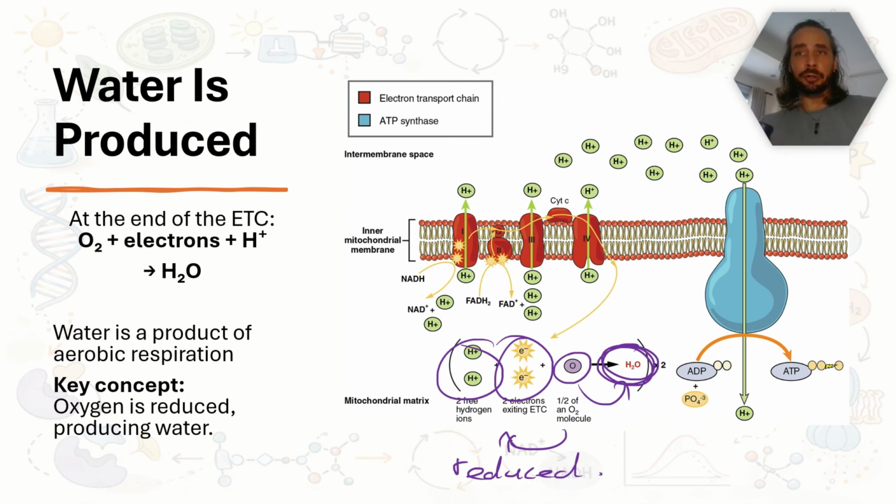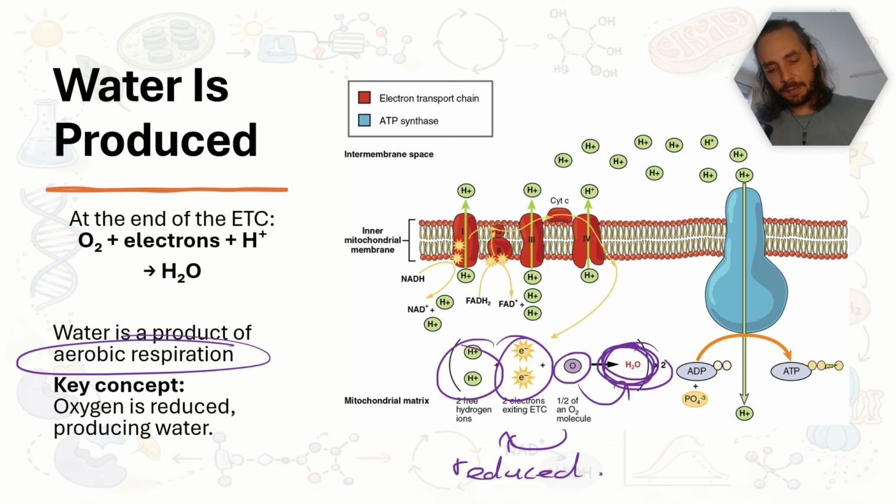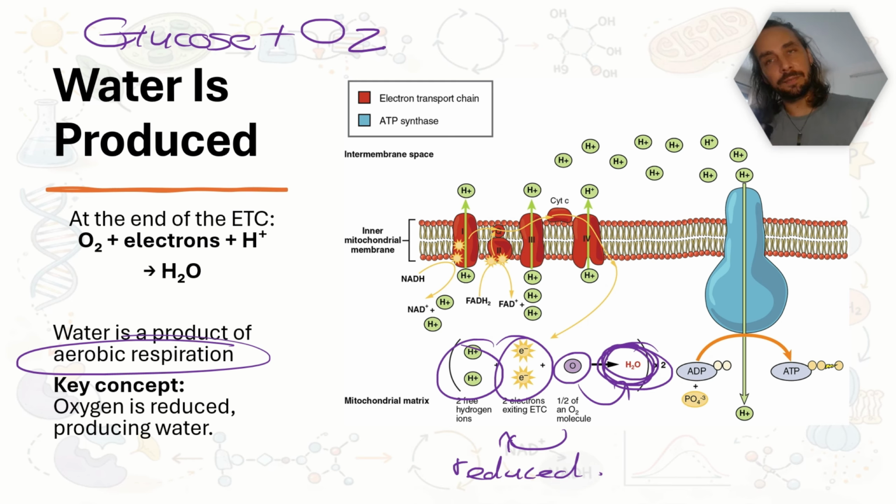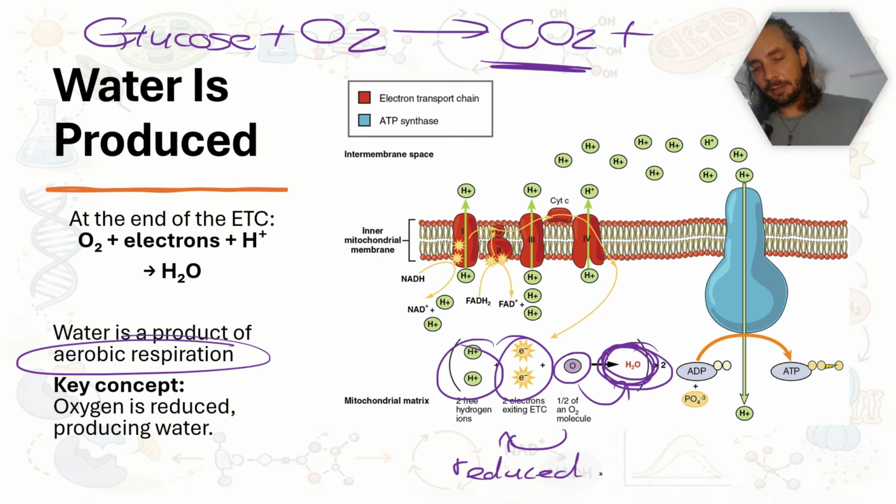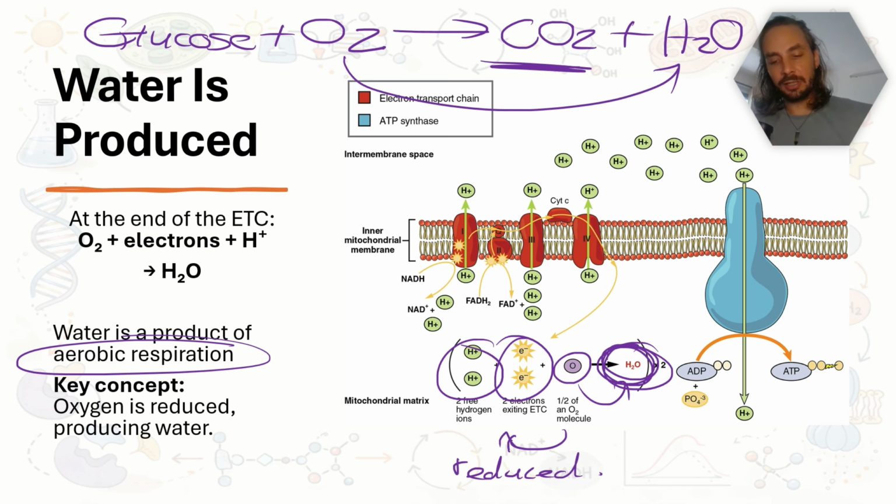Therefore, another product of aerobic respiration is water. So we started out with glucose plus oxygen, and we released carbon dioxide during pyruvate oxidation and the citric acid cycle, and we are now releasing water because oxygen is accepting those electrons.